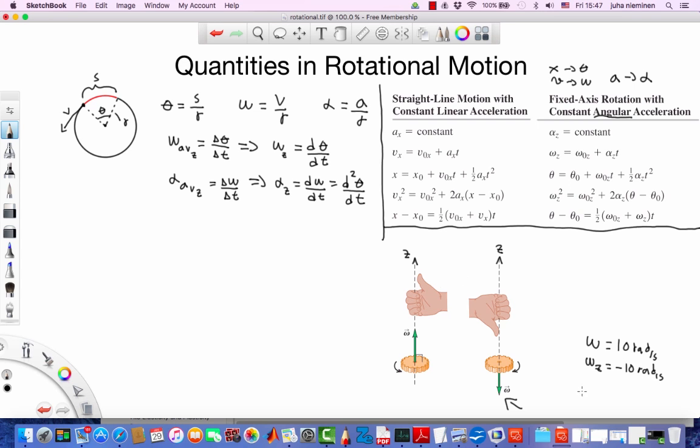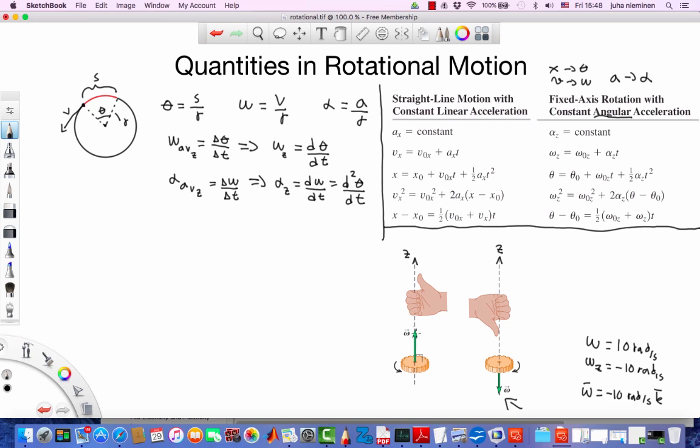And then the angular velocity vector would be minus 10 radians per second in the negative z direction. So we have negative, and z direction is noted by the unit vector k.